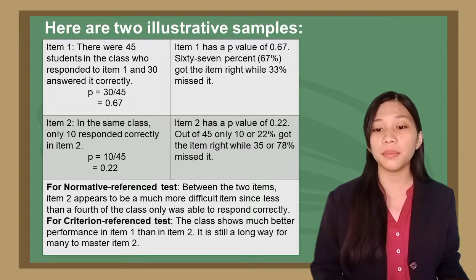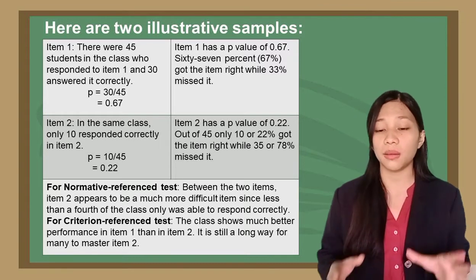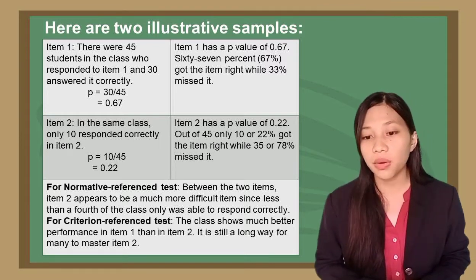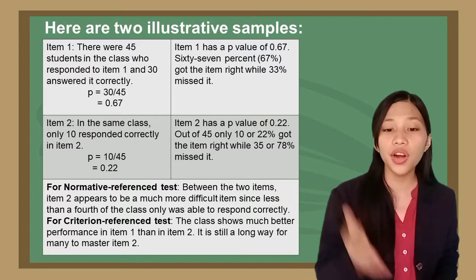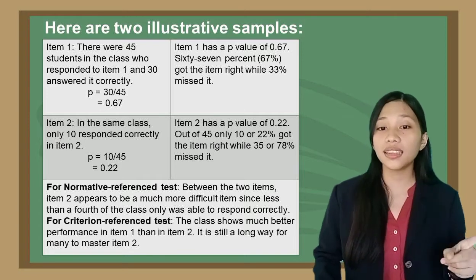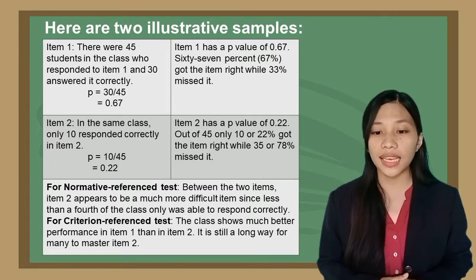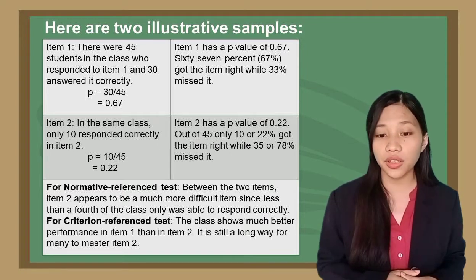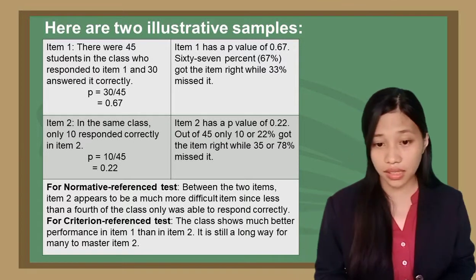Out of 45, only 10 or 22% got the item right, while 35 or 78% missed it. So, for a normative reference test between the two items, item 2 appears to be the much more difficult item since less than a fourth of the class was able to respond correctly.